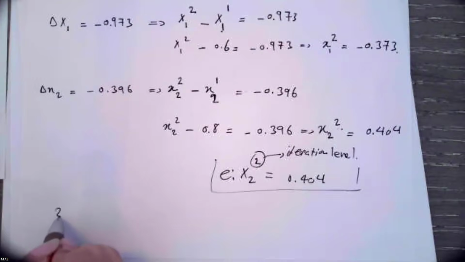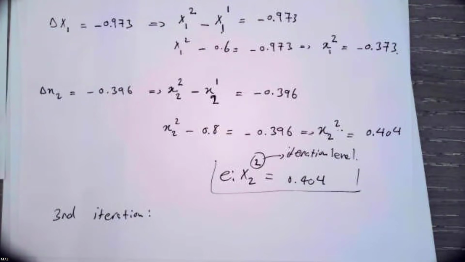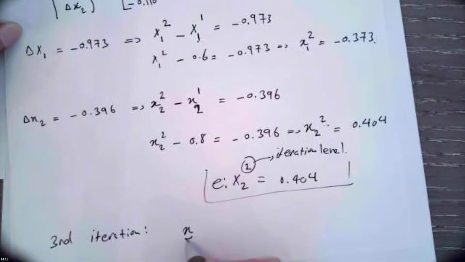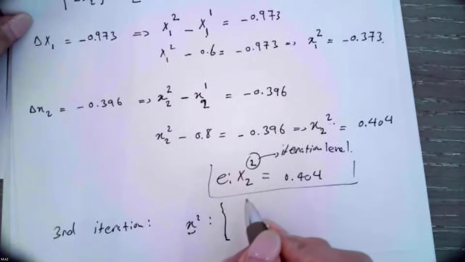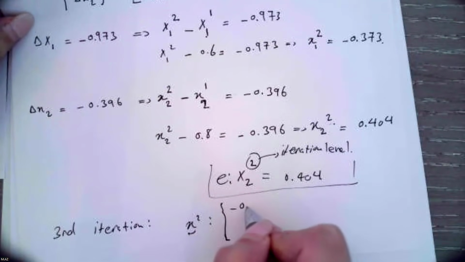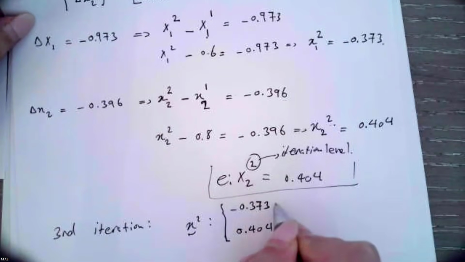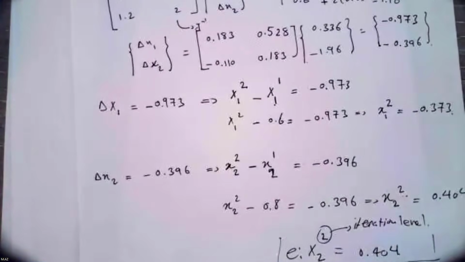For example, for the third iteration, the first step, we have to update the Jacobian matrix for these problems based on this vector.